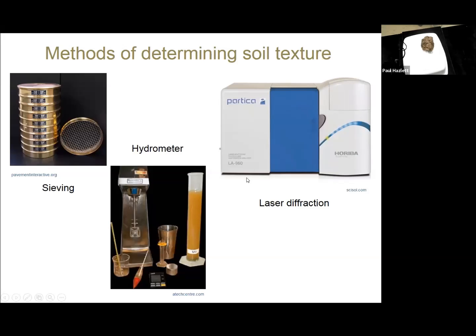The third one that I put up here is something called laser diffraction. So this is a more expensive technology, more recent technology than the other two methods, where again, you have to break down the aggregates of your soil sample. You put them in this analyzer and fire a laser at them, a light, and the particles diffract the light in different ways depending on the size that they are, whether they are sand, silt, or clay.